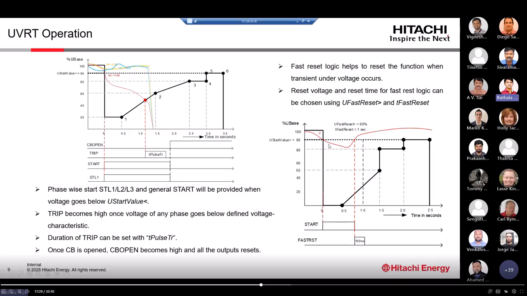Within 1 second, if the voltage is recovered, then we'll reset the start. From this point onwards, we'll again start looking for an under voltage condition. So we don't want to block the protection functions up to this time. That's how we have the advantage of seeing another voltage dip, and we can start the curve from there.